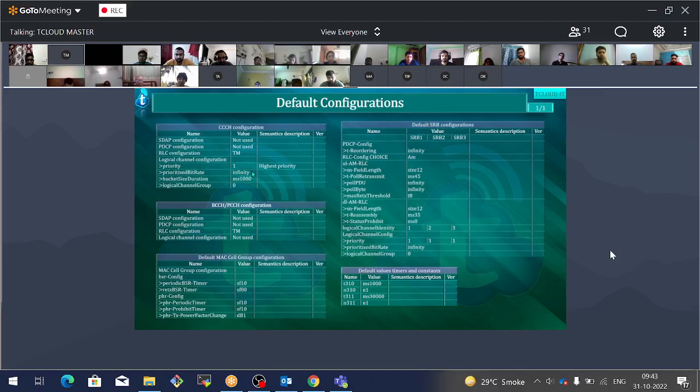The size can be anything, but it must be pulled out and sent within this 1000 millisecond time frame. Now, logical channel group is zero. If for any reason you have to report the buffer status, you have to consider that the CCCH logical channel belongs to group number zero. You have to count its size under group zero.